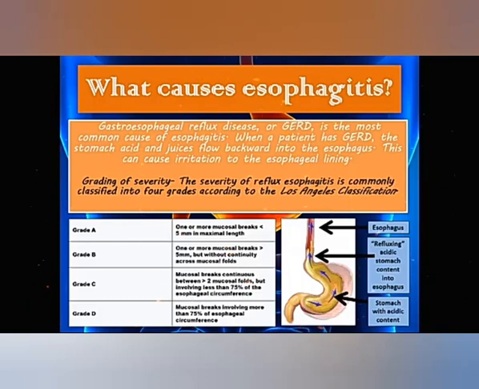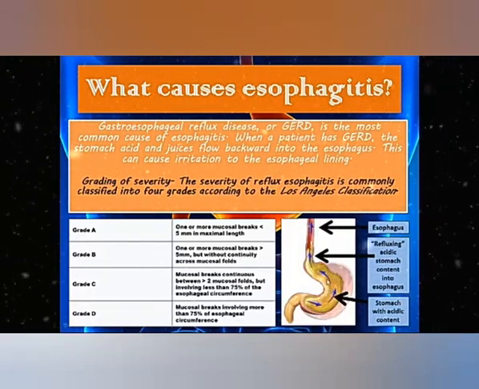What are the causes of esophagitis? Gastroesophageal reflux disease, or GERD, is the most common cause of esophagitis. When a patient has GERD, the stomach acid and juices flow backward into the esophagus, and this can cause irritation to the lining of the esophagus. You can see down here at the bottom that acid pushing up is definitely going to irritate the esophagus because the esophagus is not used to that acidic environment.